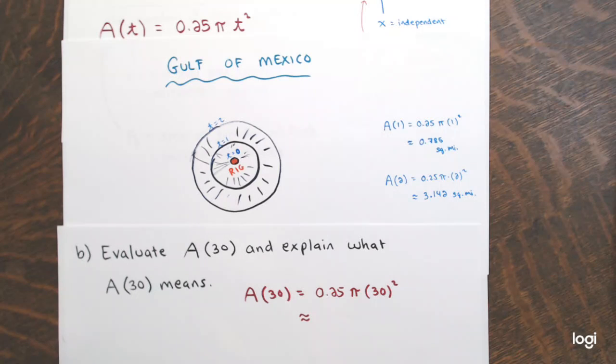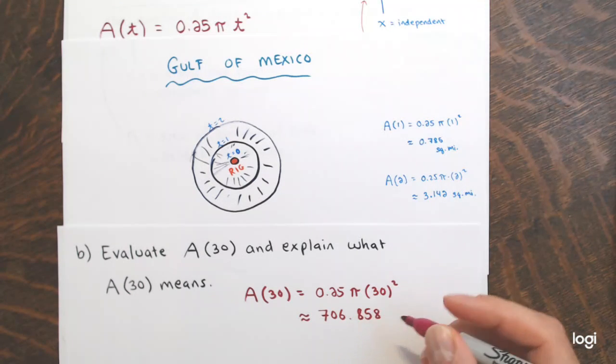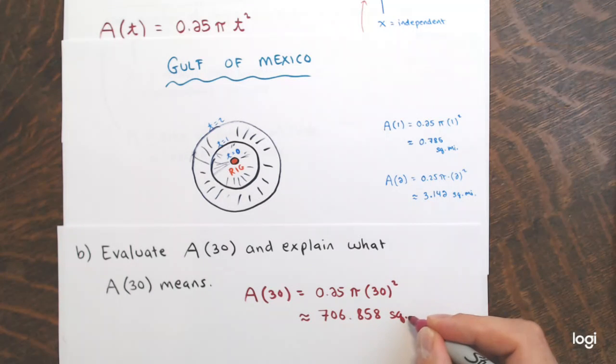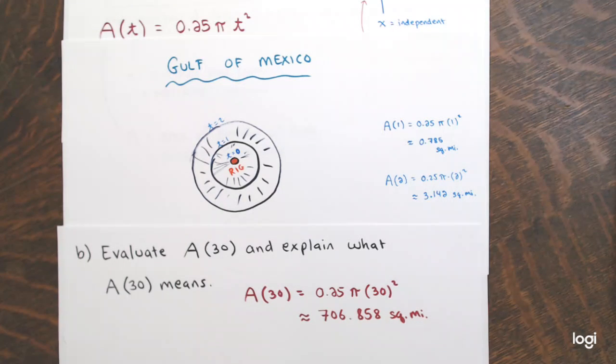So 0.25 times pi times 900, and I get approximately 706.858 square miles for the area that this oil slick is covering after 30 days. I'll write what this means in a second.